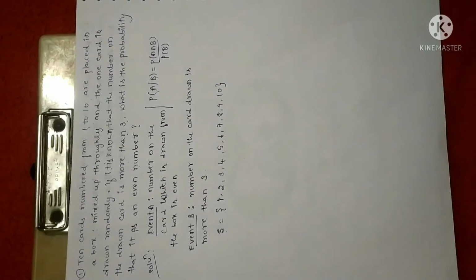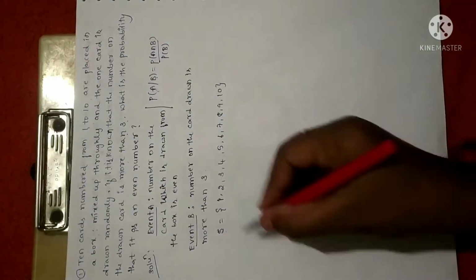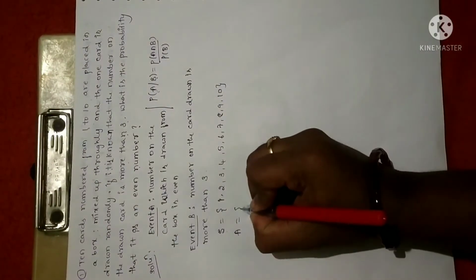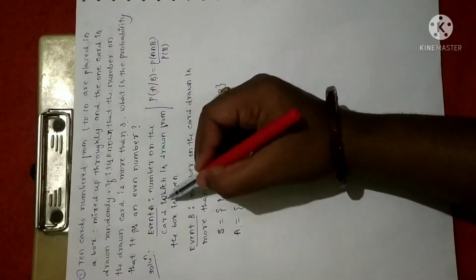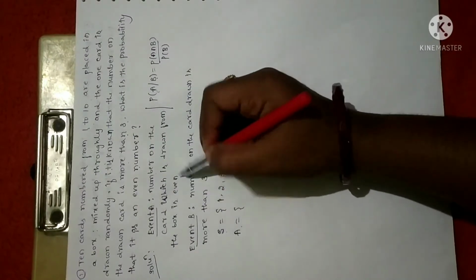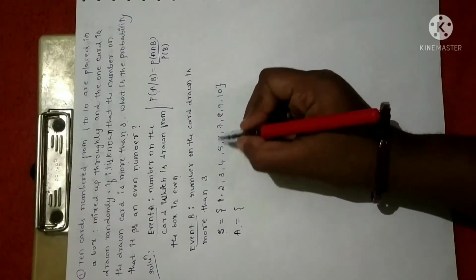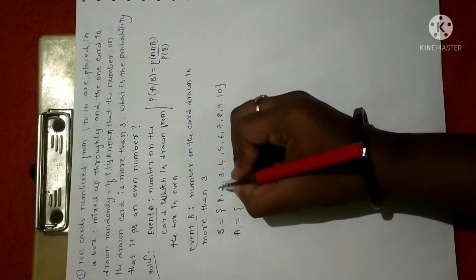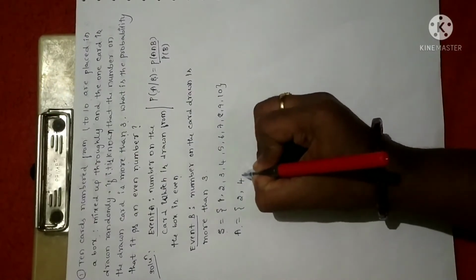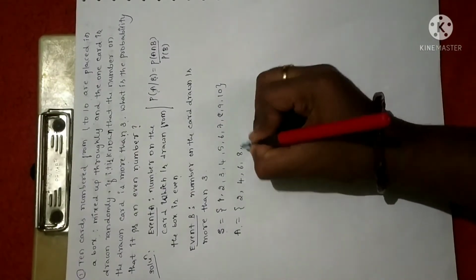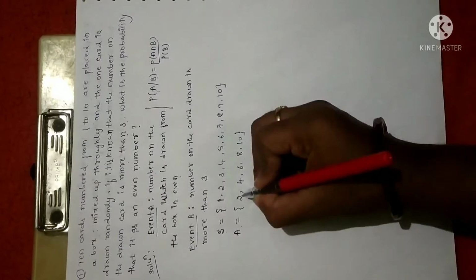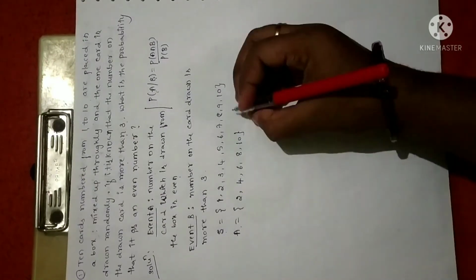Now let me find the probability of event A. First let me write the set A. Set A is the numbers on the card drawn from the box that are even: 2, 4, 6, 8, 10. How many are there? 1, 2, 3, 4, 5. Five cards are even.